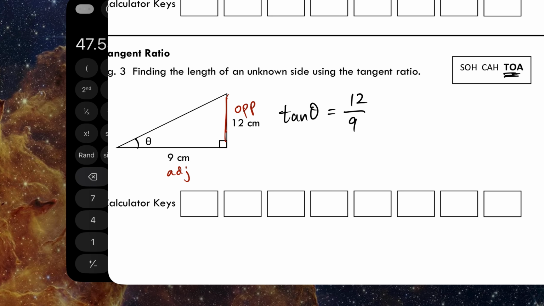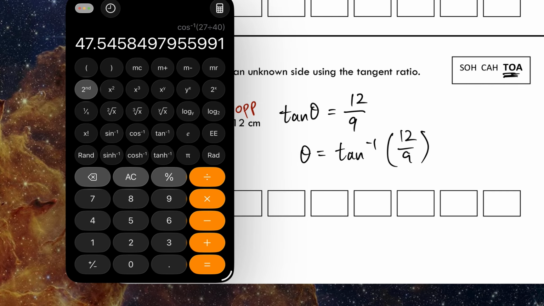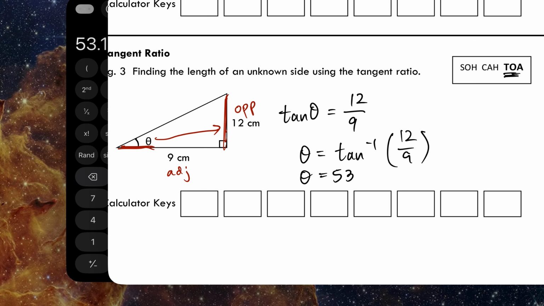Remember, opposite is again across from the reference angle, and the adjacent is the side touching the reference angle. So theta, if I want the angle, again, I'm going to use the inverse. If you want the angle, use the inverse. Tangent inverse of 12 over 9. And that's going to be 53.1. So 53.1 degrees. I'll just round it to 53 degrees.